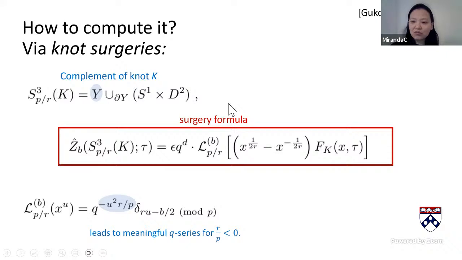Given that, you could write down a two-variable series F_K associated to the knot complement. With the same F_K invariant, a different surgery gives a different way of putting these components together into the Z-hat invariant. More explicitly, the surgery formula is given by what they call the Laplace transformation, which takes into account this surgery labeled by p over r.